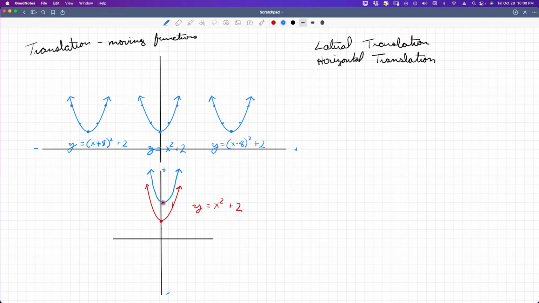So when I move him up 2, that becomes y minus 2 is equal to x squared plus 2. But what happens is we want to continue to solve for positive y for our function. So we add 2 to both sides, and we end up with y is equal to x squared plus 4.